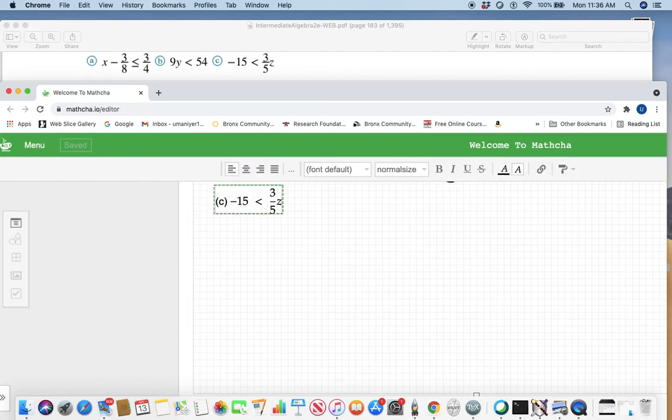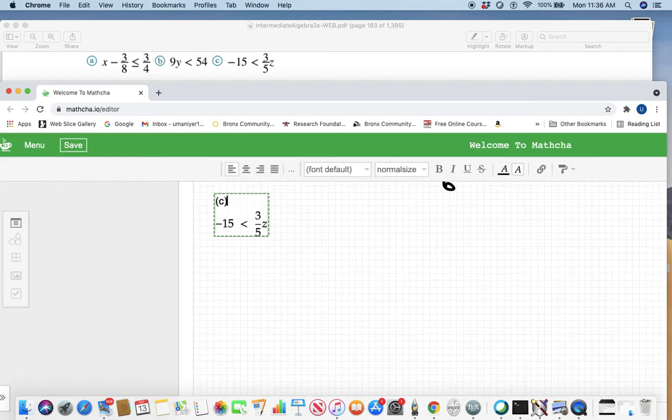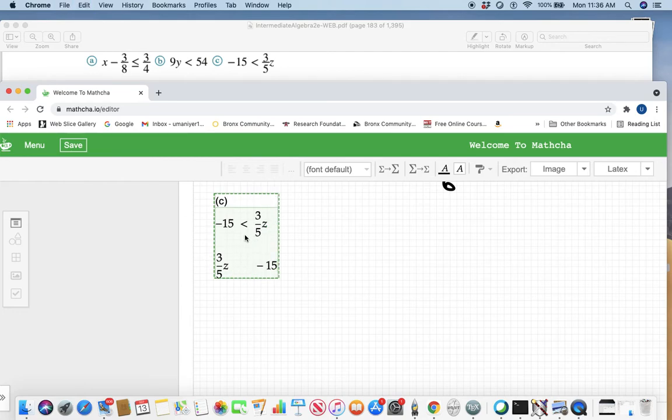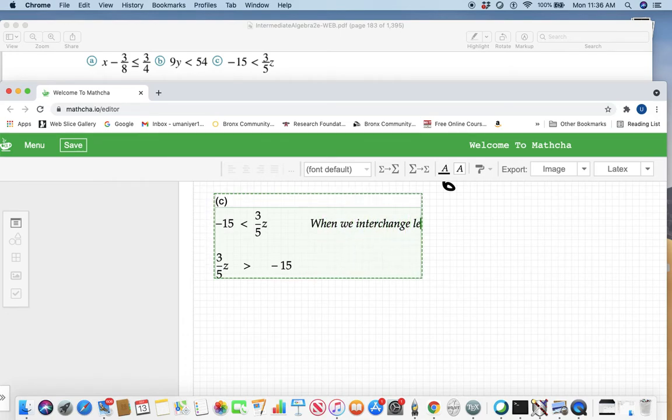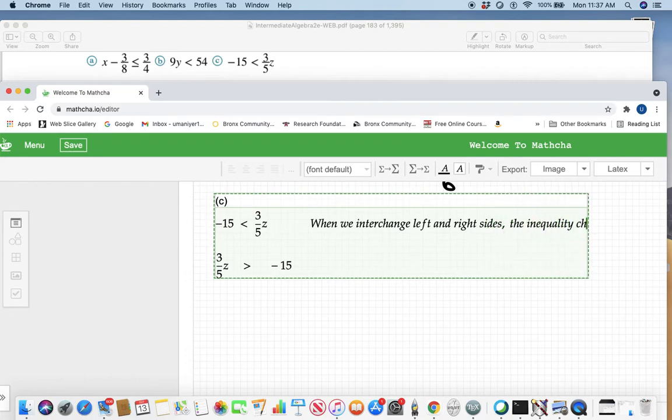When I flip the expressions around, that is, I bring 3/5 z to the left and take negative 15 to the right, the inequality changes. So that was less than, this becomes greater than. When we interchange left and right sides, the inequality changes.